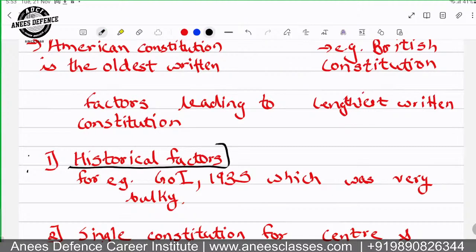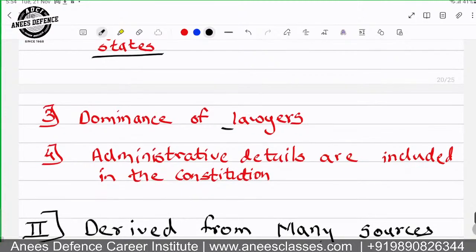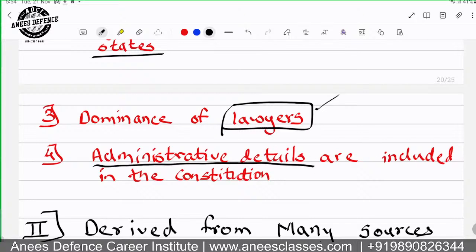First, we have seen the historical factors, such as the Government of India Act, which we have just done now. Then, single constitution for center and states. Then, most of the members of the Constituent Assembly were lawyers. This we have also seen yesterday. Administrative details are included in the Constitution.